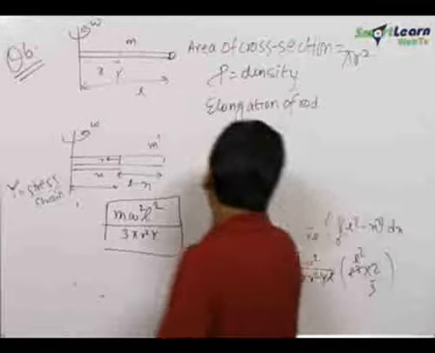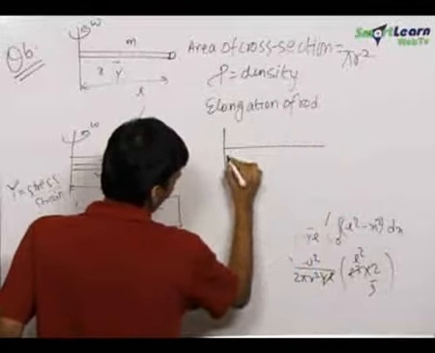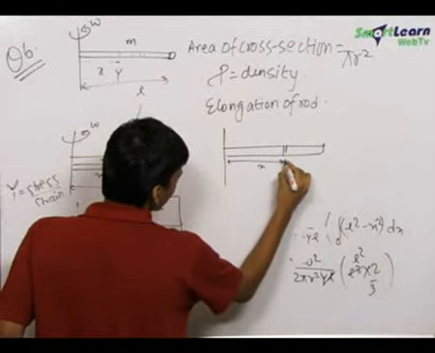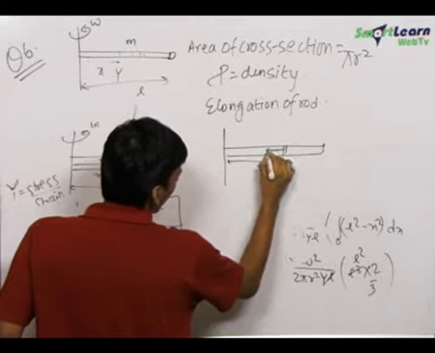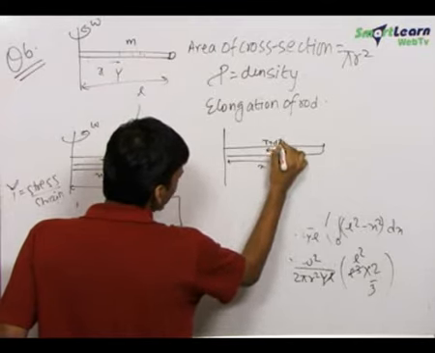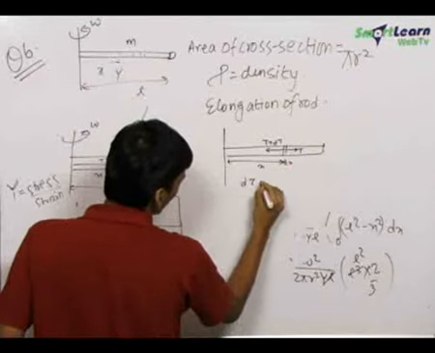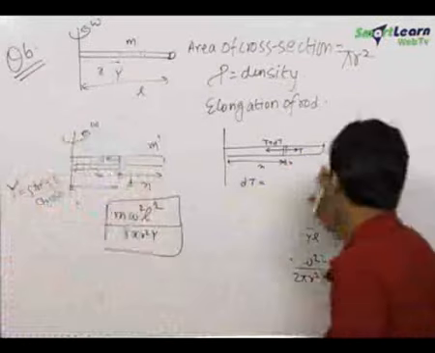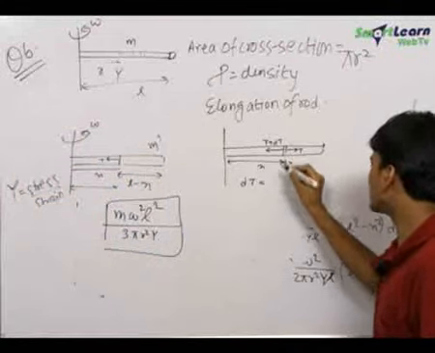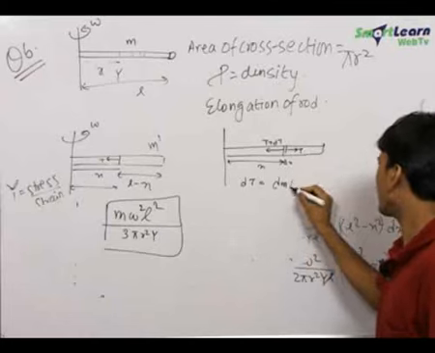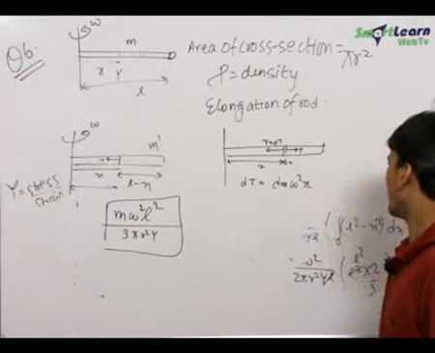That is, you could have assumed a dx element at distance x. Let the tension at this end be T plus dT and this end be T. Therefore, dT could have been written as the mass of this small element of thickness dx into omega square x.